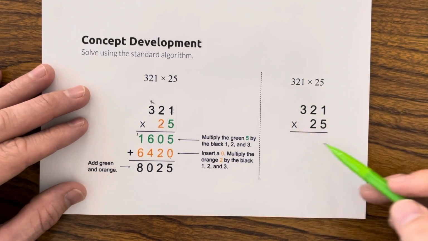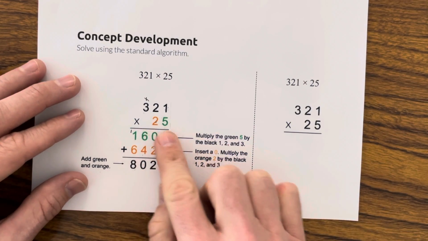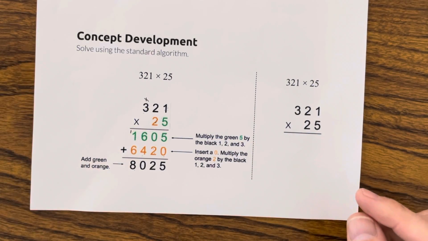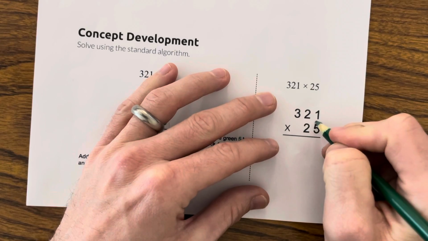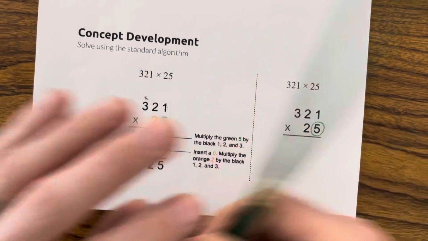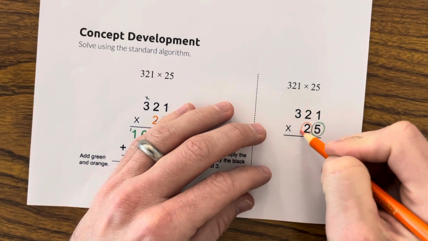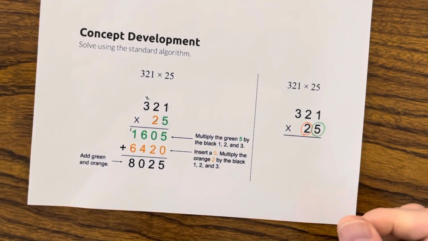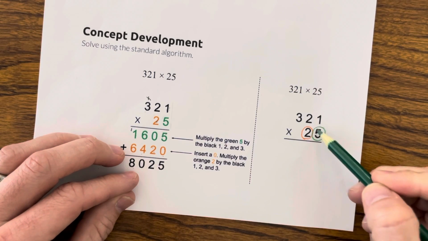Coming over here, we're going to run through the steps one more time, because you normally don't have colored digits when you're doing this. You have black and white digits. So I'm going to use colored pencils here. I'm going to circle the 5 in green, and circle the 2 in orange, and go through the motions one more time. Again, the first step is to multiply the green 5 by the 1, the 2, and the 3.